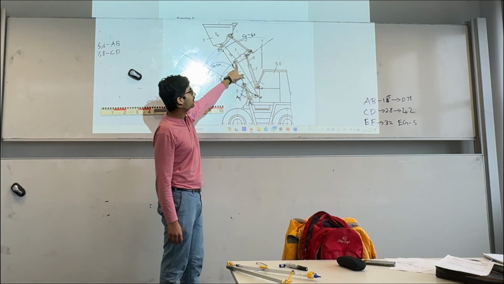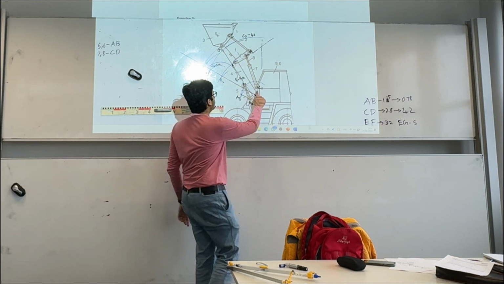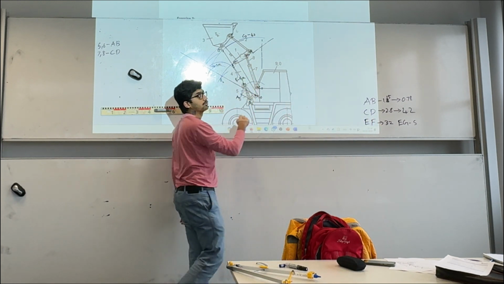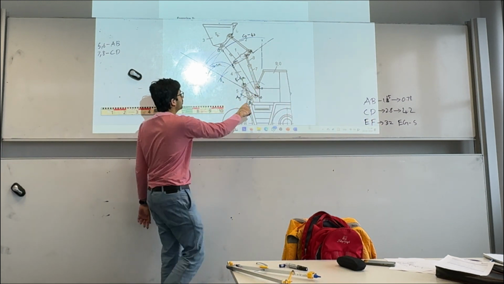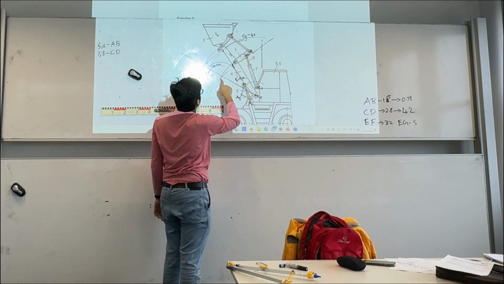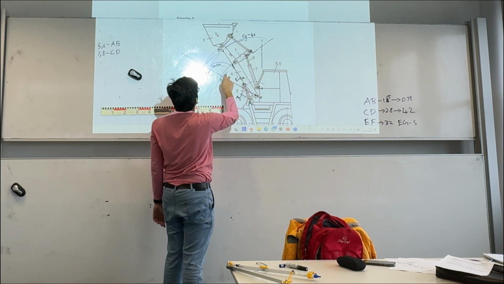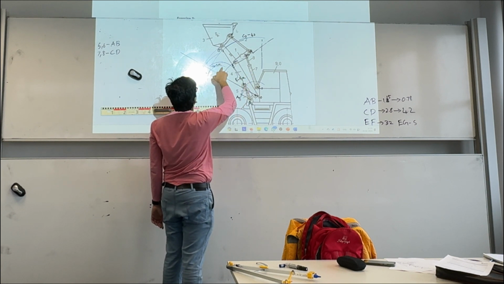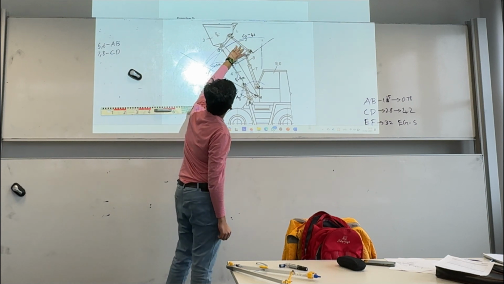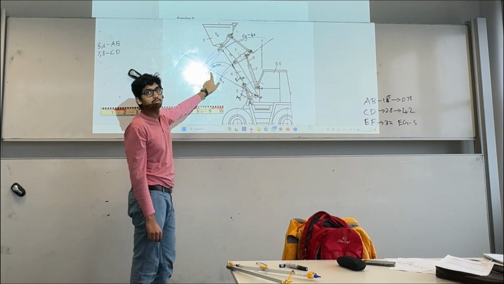So I choose F1 as reference because F1 C1 is not going to change, and I take C0 as reference because I know the new C0 C1 length is 4.2. Then C0 as center, 4.2 as radius is one arc. F2 as center, and F1 C1 as radius gives me the second arc, and the intersection is C2.